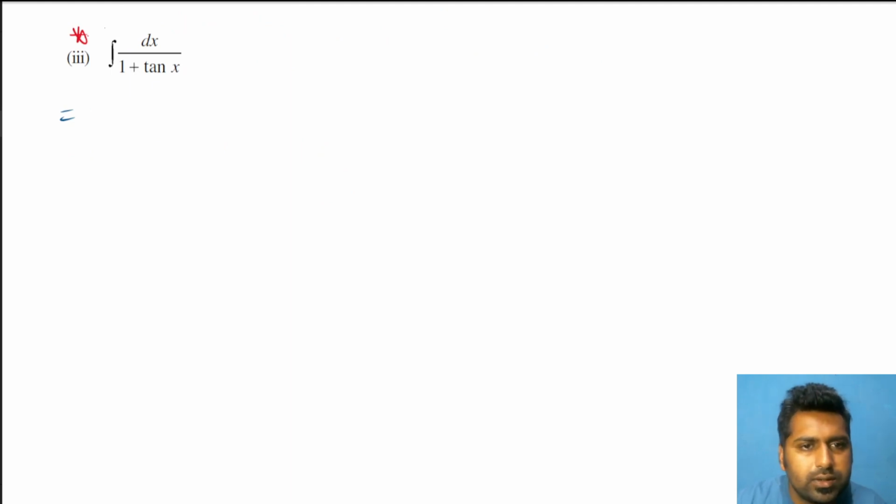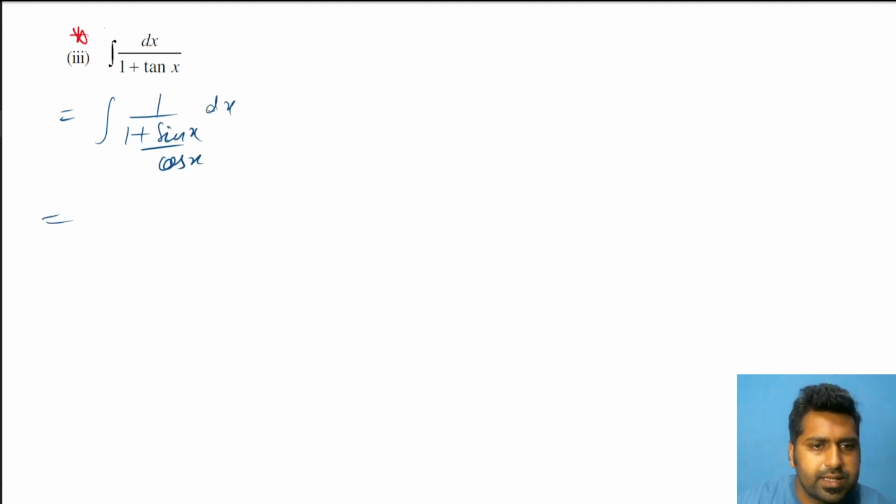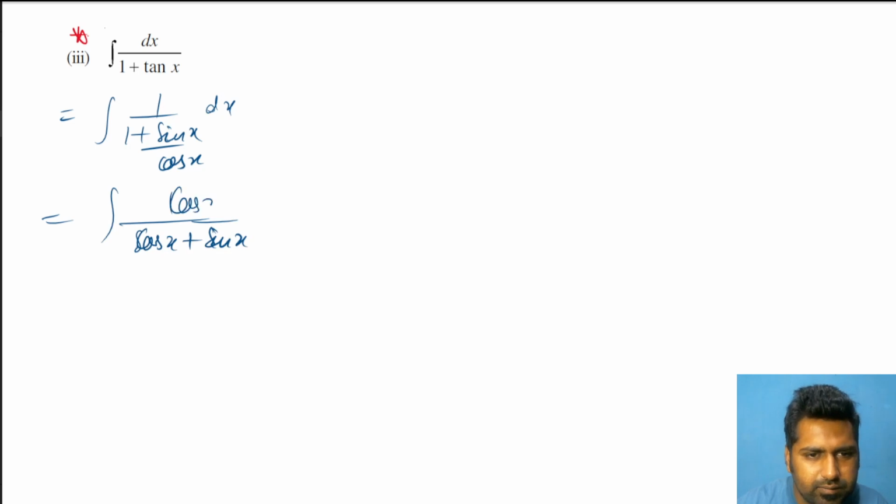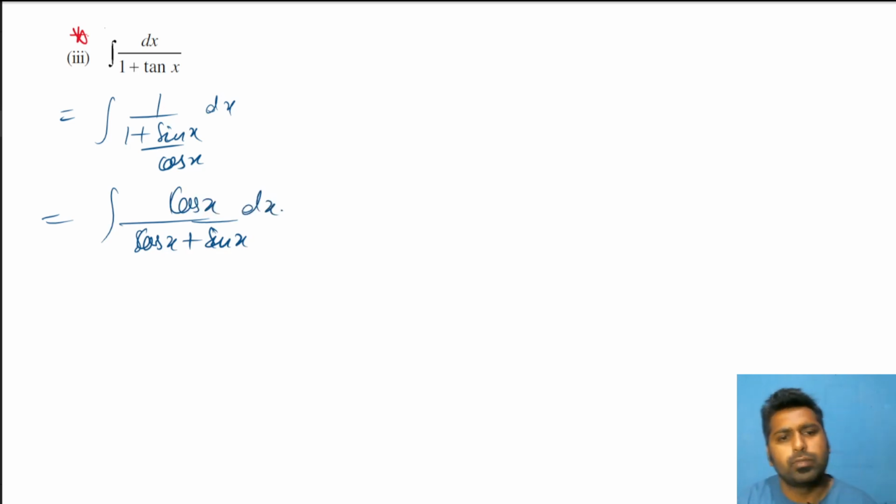So integration 1 upon 1 plus sine x by cos x dx. Let's take the LCM. So integration 1 upon cos x plus sine x, and this cos x in the denominator will go in the numerator. Cos x dx.